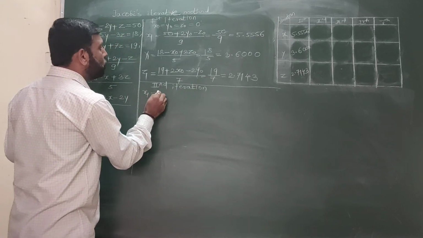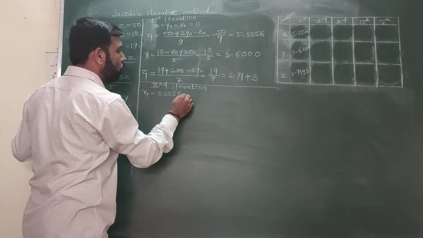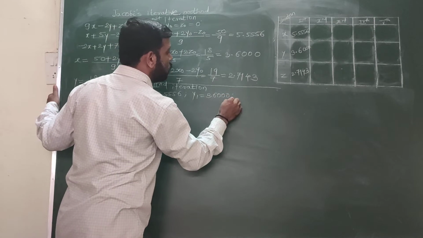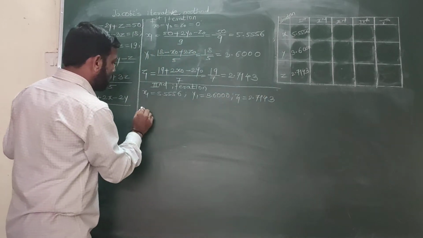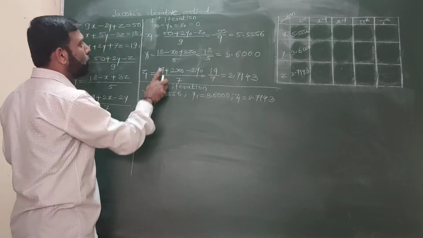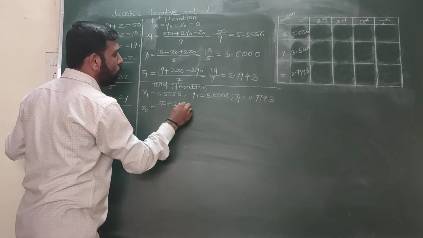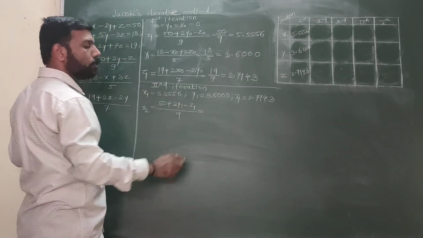For that we have to fix the values of x1, y1, z1 in that iteration. So we mention here x1, y1, z1. x2 becomes 50 plus 2y1 minus z1 upon 9.